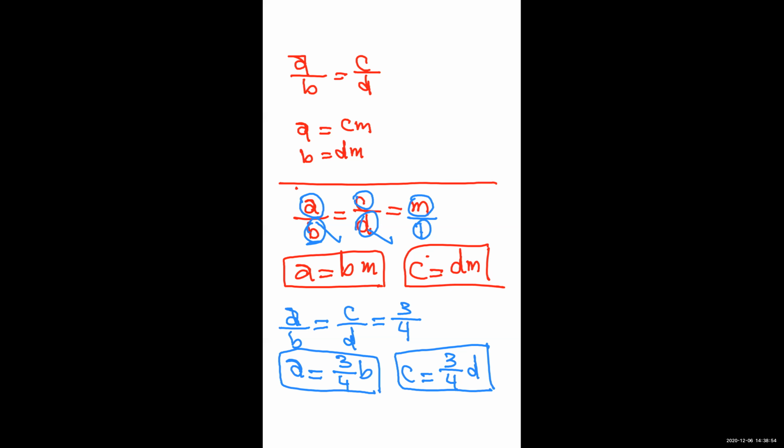Okay, so I said that if it's only four terms, A and B and C and D are proportional, it will be A over B equals C over D equals M. And if it's more than this, like A over B equals C over D equals E over F, and so on, it will finally also equal M. It will be the same solution steps.